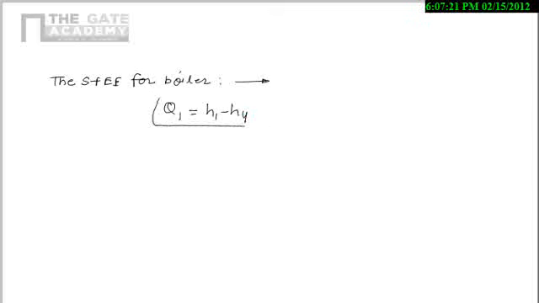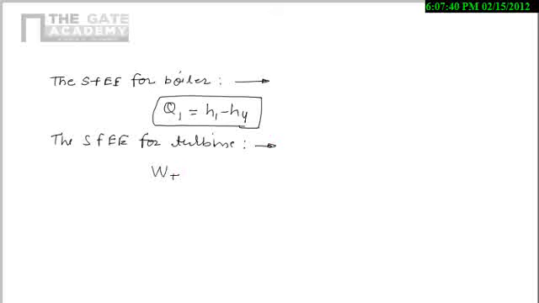Just to refer to the previous TS diagram, we will get Q1 equals H1 minus H4. Similarly, the steady flow energy equation for the turbine, if we do like that, then we will get Wt equals H1 minus H2. So by this way, we can get the turbine work.